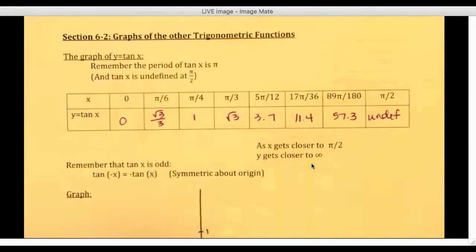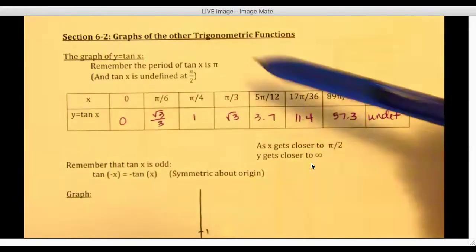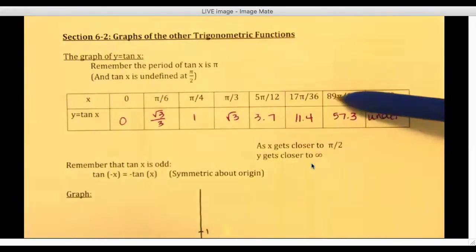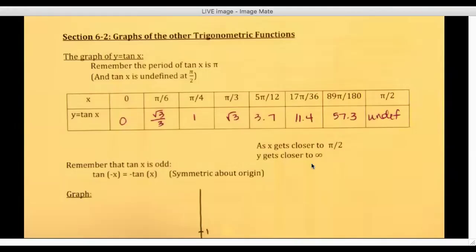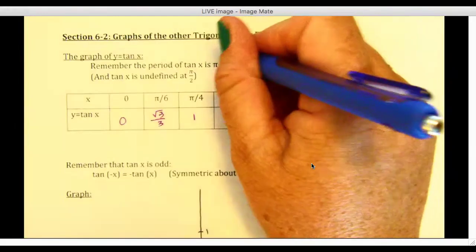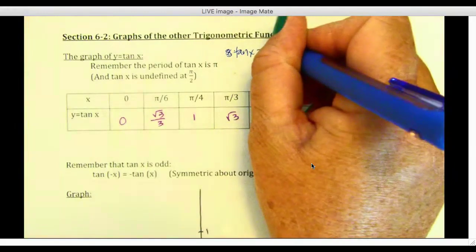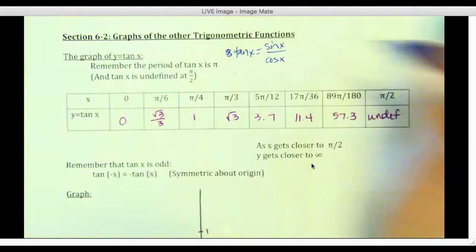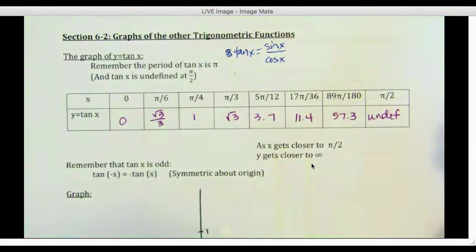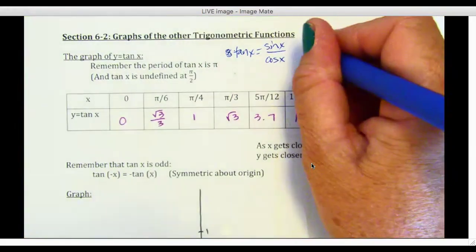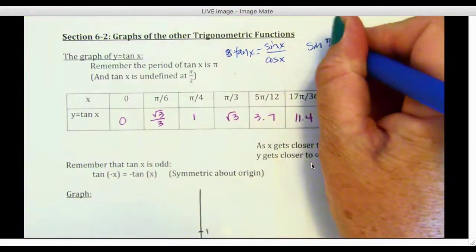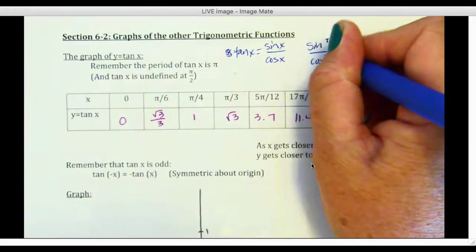What we have here is some values initially around the unit circle, and then we get angles that are not on the unit circle, and we want to find tangent at each of those values. Now remember, tangent is equal to sine over cosine. So if I want to evaluate tangent at pi over 6, I can find sine of pi over 6 over cosine of pi over 6.